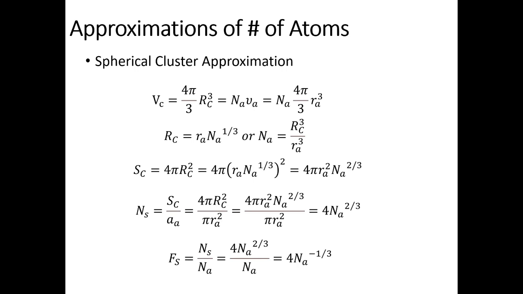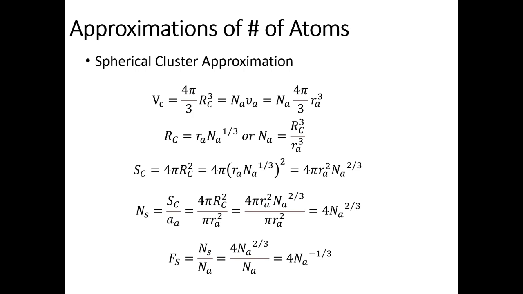I actually found a way to use different volume packing fractions and come up with more realistic numbers. But anyway, you can go through this. You can see the volume is simply the number of atoms times the volume of each atom. And it ends up being a ratio. The number of atoms is just a ratio between the two. Once you take the cube root of that, the radius of the cluster divided by the radius of the atom. That's as simple as that. The surface of the cluster, once you, again, just go through the algebra here.